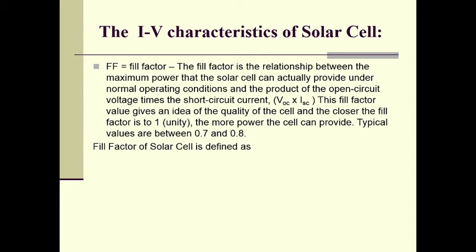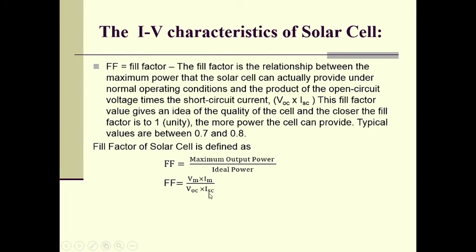The fill factor of a solar cell is defined as the maximum power output upon the ideal power, right? So the maximum power output that we get is PM. PM is the product of VM into IM, and the ideal power means the product of VOC into ISC, where VOC is the open circuit voltage and ISC is the short circuit current.